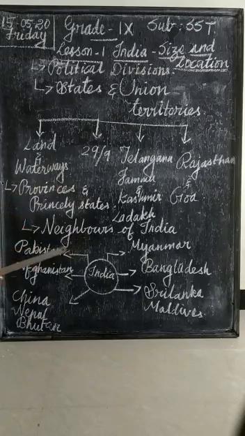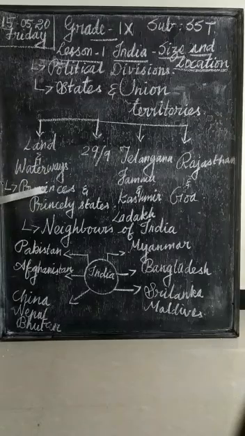Let us recall all the important points in this lesson. India lies in the northern hemisphere. India is divided into two equal parts by the Tropic of Cancer. In terms of size, India is the 7th largest country of the world.